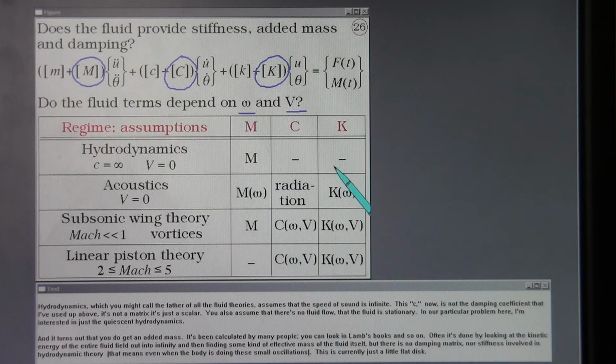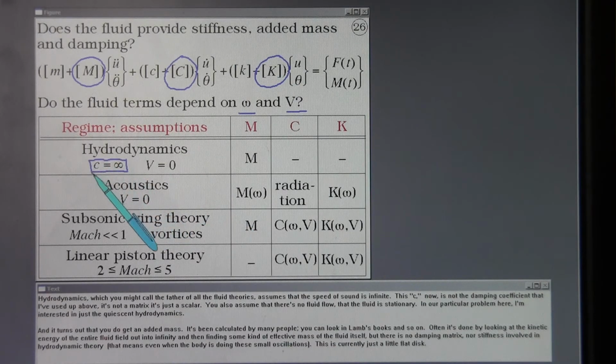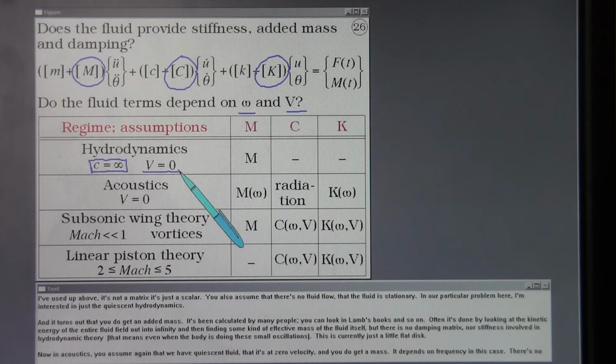Now, hydrodynamics, which you might call the father of all the fluid theories, assumes that the speed of sound is infinite, and this c now is not the damping coefficient that I've used up above. It's not a matrix, it's just a scalar. You also assume that there's no fluid flow, that the fluid is stationary in our particular problem here. I'm interested in just the quiescent hydrodynamics here. And it turns out you do indeed get an added mass.